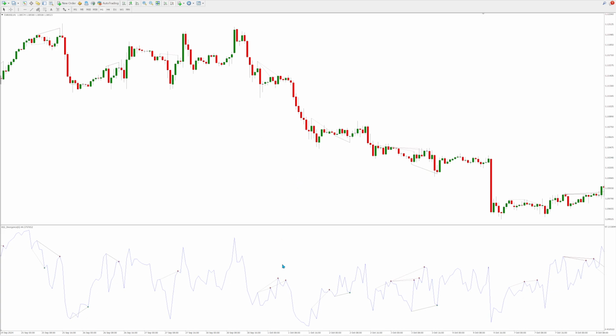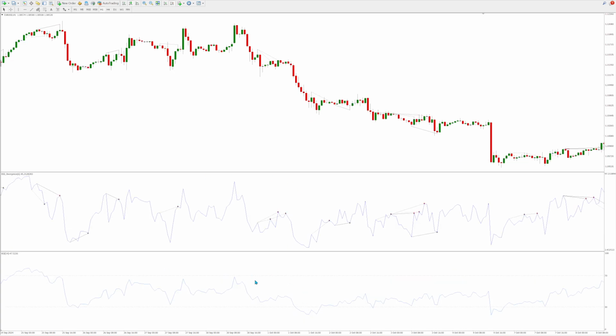Okay, obviously the RSI indicator can be used as well to gauge if we're in an overbought or oversold market scenario, which is an advantage to having this particular indicator, the RSI divergence indicator, which combines the best of both worlds.